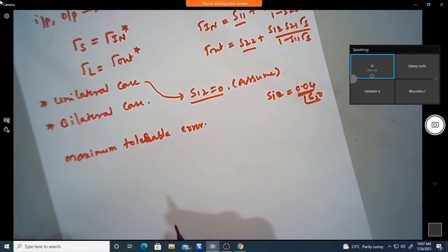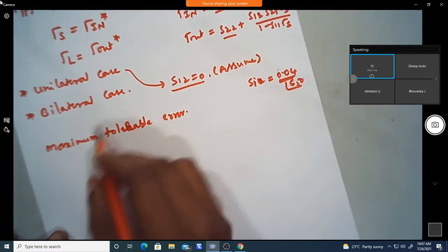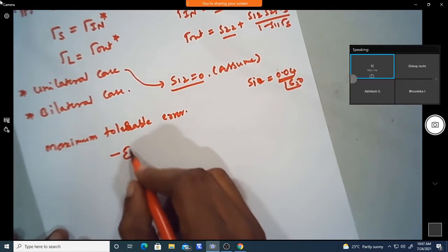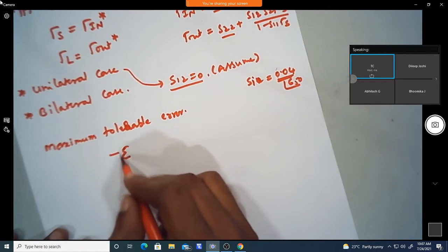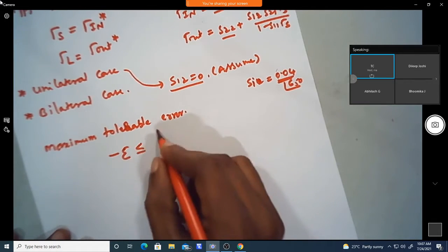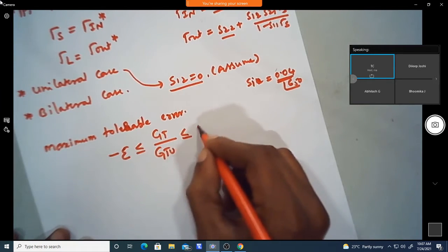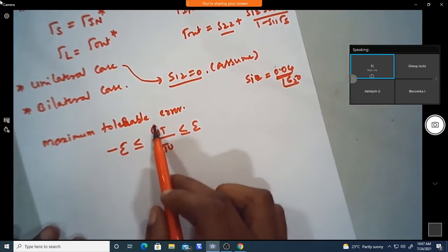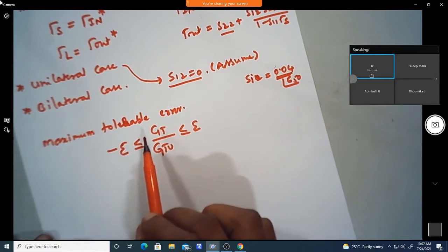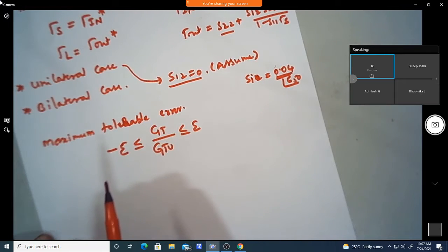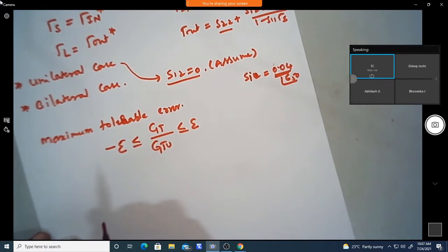The error, epsilon, is called the maximum tolerable error: it is GT by GTU, which should be less than or equal to epsilon. So we need to see what the tolerable error is in the unilateral case.